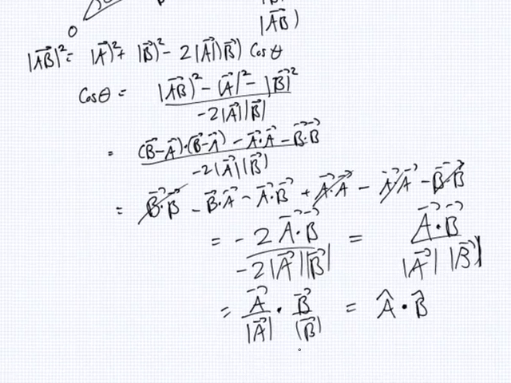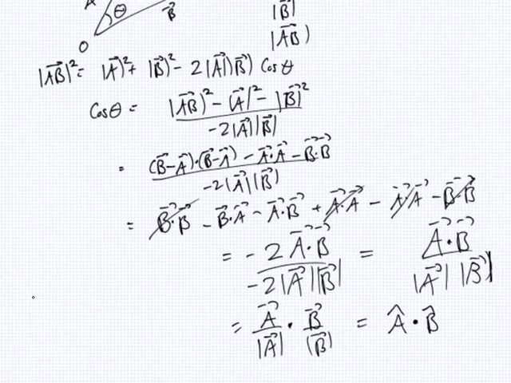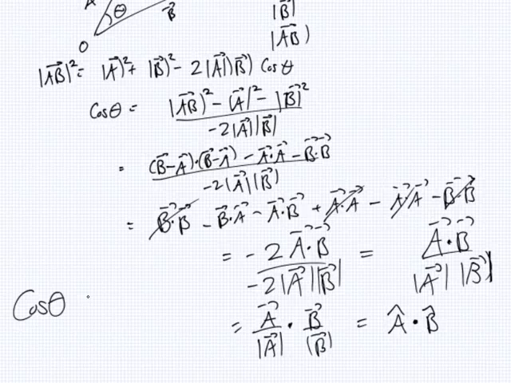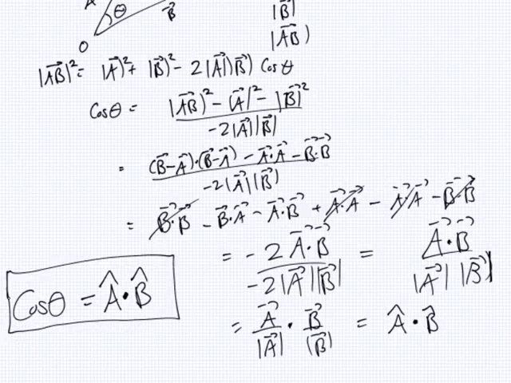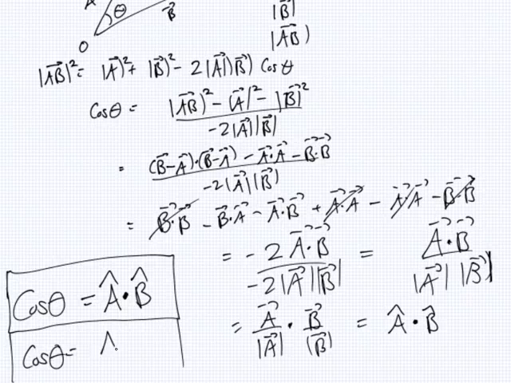So we finish up with the result: cos theta between vector A and B is equal to the unit vector A dot the unit vector B. And this is a reason why unit vectors and dot products are important, because dotting unit vectors can give us the angle between the vectors. So this gives us an important result, which I'll write down in a moment. But you can write the formula like that, or as it is in the formula book, like this.